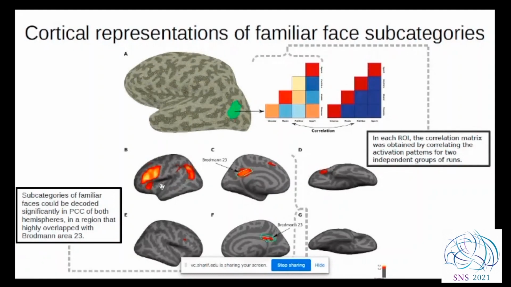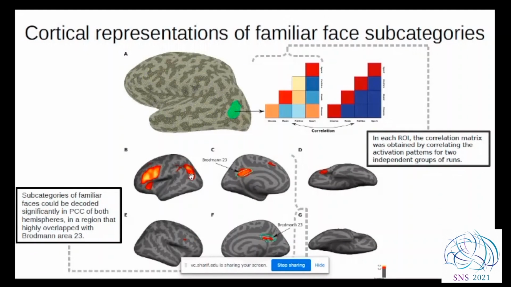So these maps show which parts of the brain contain information about familiar face subcategories. So what we found was that a region in posterior cingulate cortex within Brodmann area 23 had good information about familiar face subcategories.